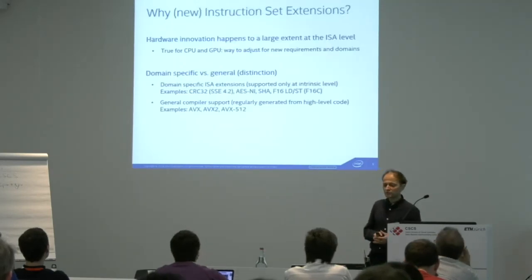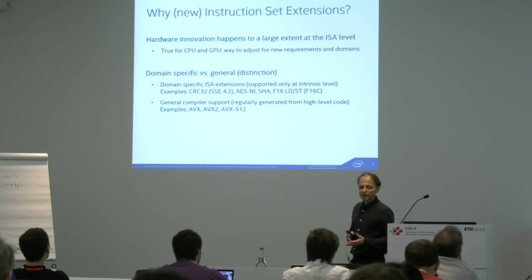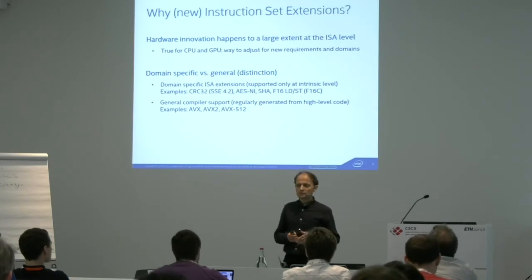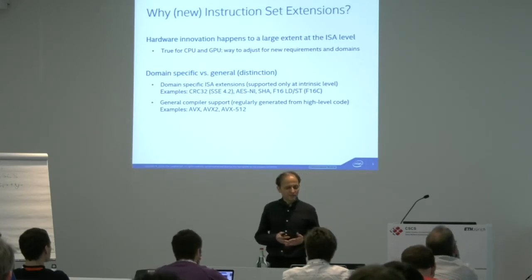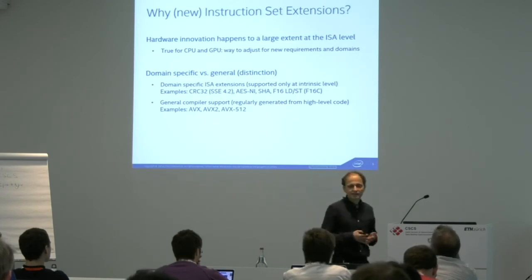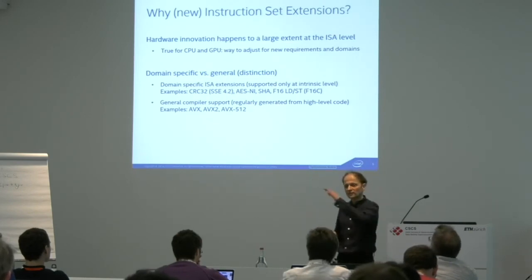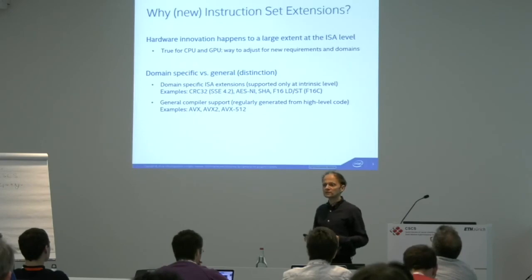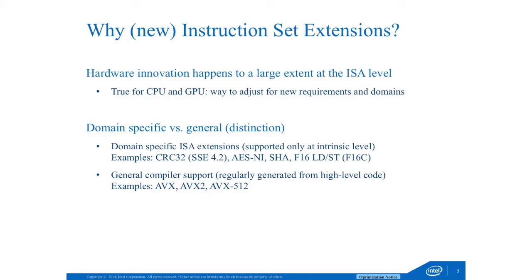First, the motivation here is, why do we get new instruction set extensions all the time? The truth is probably, to some extent, that hardware innovation happens to a large extent at the ISA level. This is true for CPUs as well as GPUs. You've seen that recently for machine learning. There, the whole domain is now covered by new instructions like half floats and lower precision instructions.